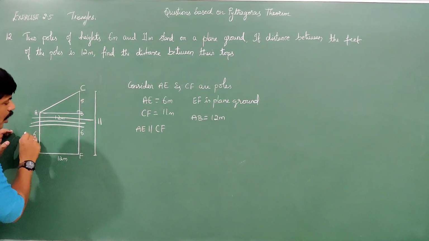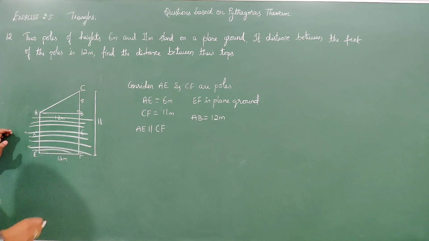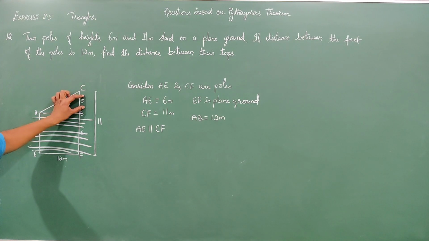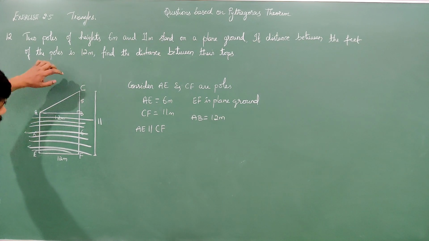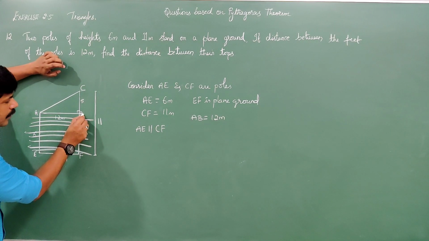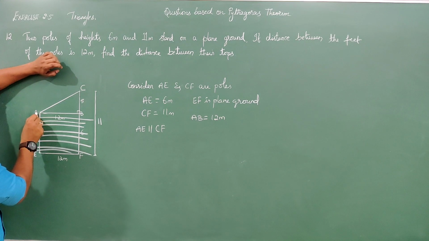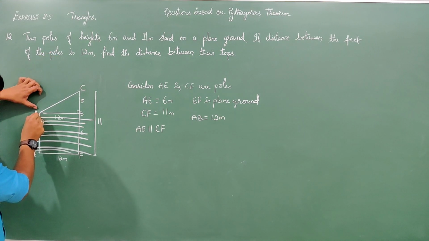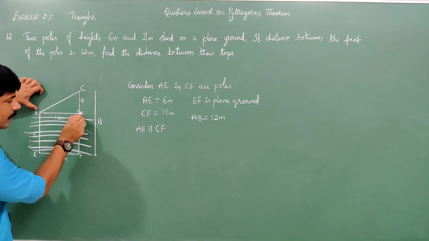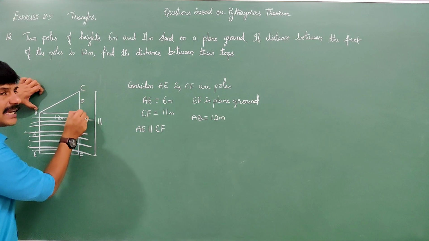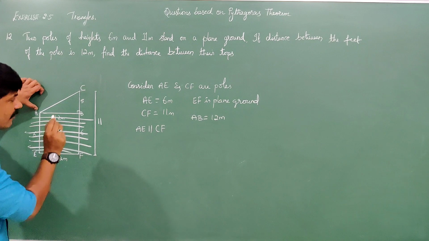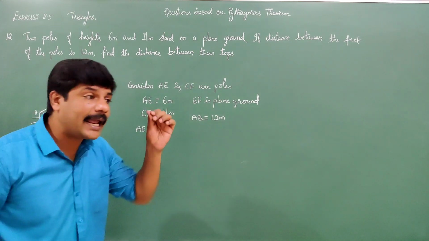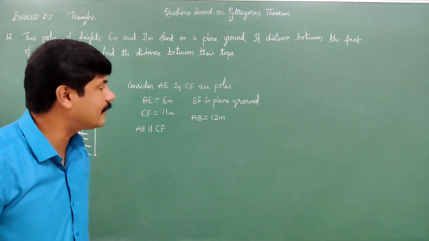What is remaining is 5 meters, BC. This is the top of pole A. We have considered this BC, and we have got a triangle ABC. What kind of triangle? Right angle triangle.